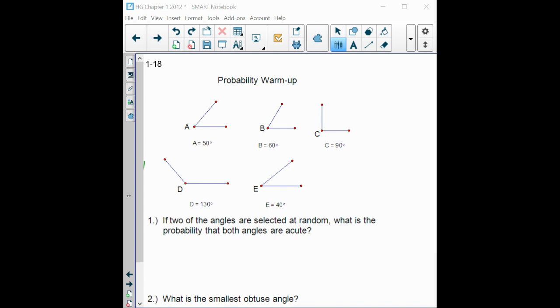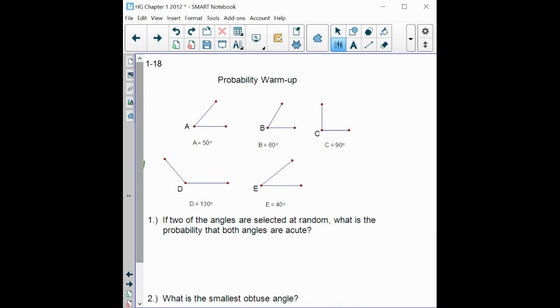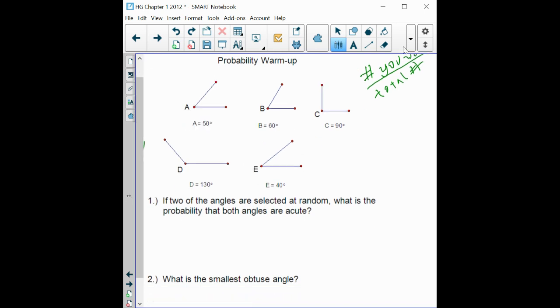So probability is the number you want over total number. That's breaking down probability to its basics. So that's number of possibilities, right? And then it's over total possibilities.